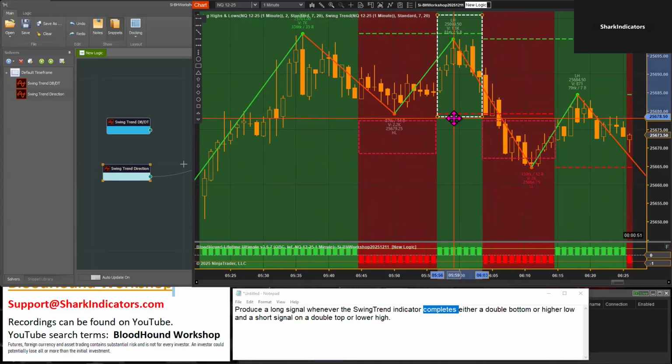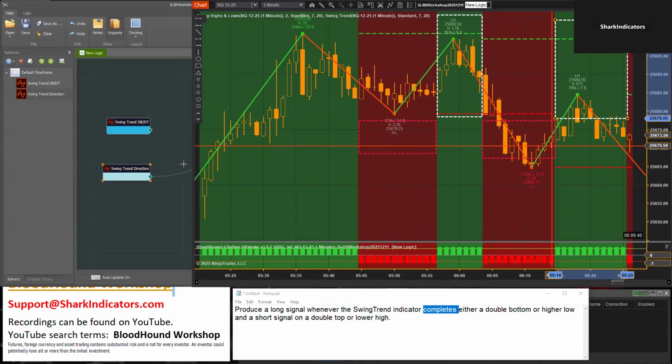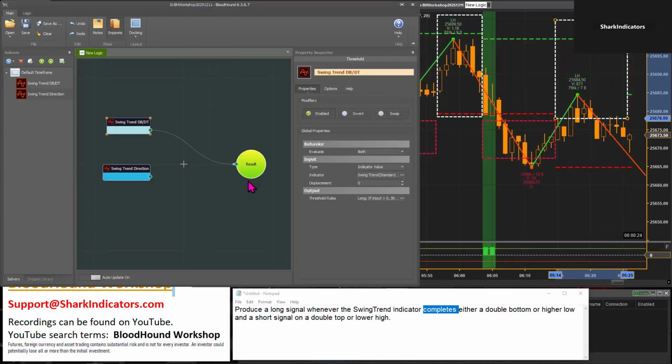And I need one more here. All right, that should work. Let's see. All right, so we had a double bottom developing during the downswing.